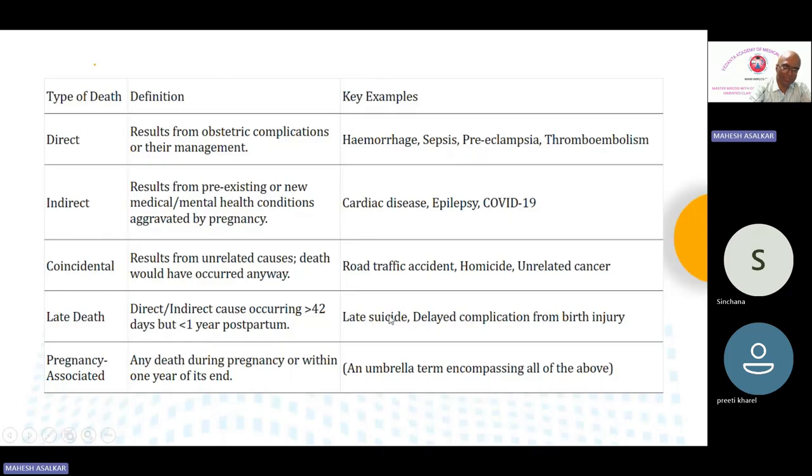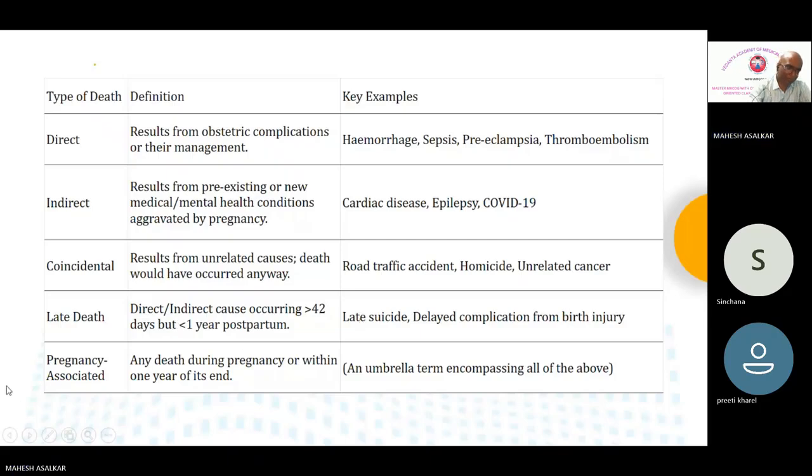Examples are late suicide and delayed complications from birth injury. There may be some PPH which is managed, but she ends up with organ failure and is prolonged somehow, but if the death happens after 42 days, it comes under late death. So it may be a late direct death also.